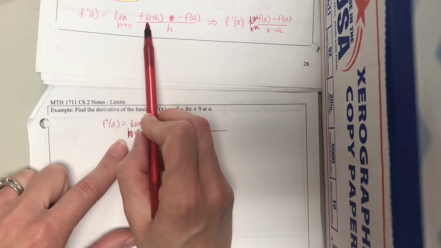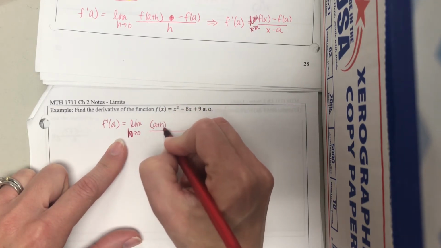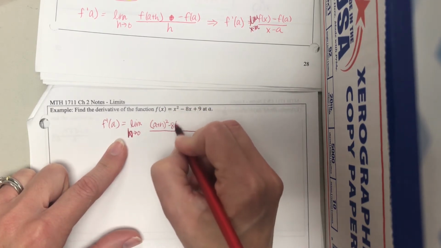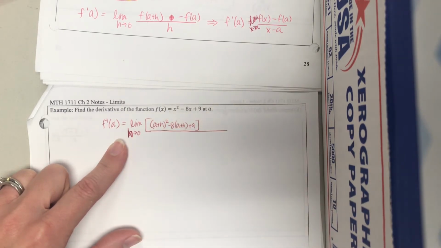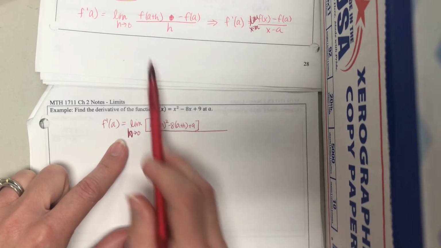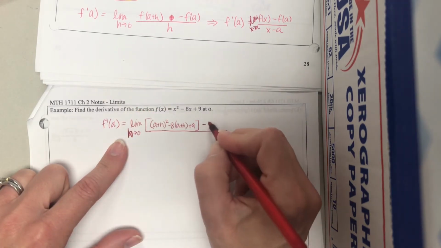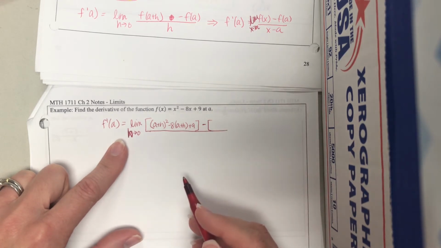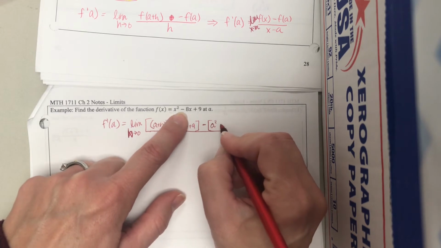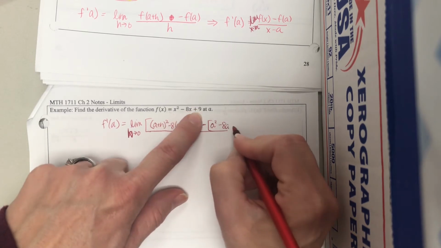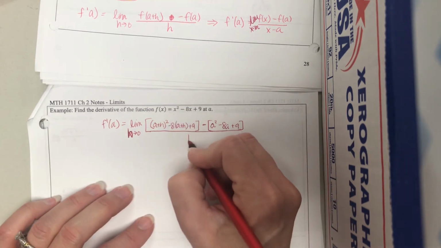I would have to write the x squared as a plus h squared minus 8 times a plus h plus 9. I put that in brackets. That's my f of a plus h. Then we're going to subtract, and make sure you put this in parentheses or brackets, f of a. That's easy. You just change these to a's: a squared minus 8a plus 9. And then you take all of that and you divide by h.